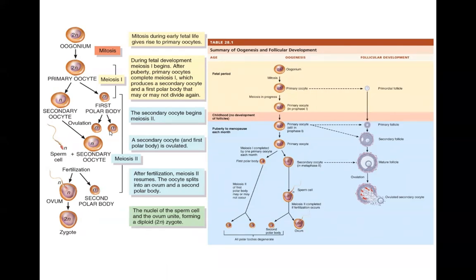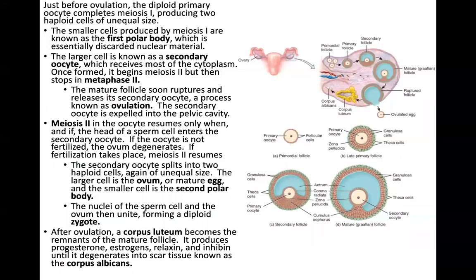The second polar body is a lot like the first polar body in that we can basically just ignore it. Not really anything to worry about or important there. It's all just degenerated. Okay, it just dies off. The ovum is very important because this is the cell that has been fertilized by the sperm. Okay.